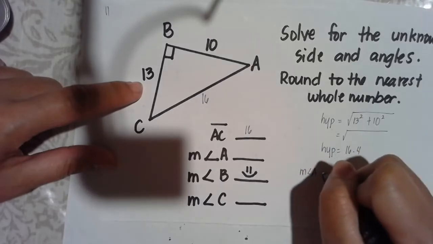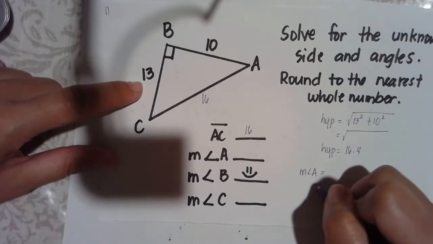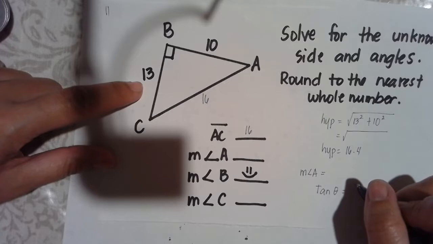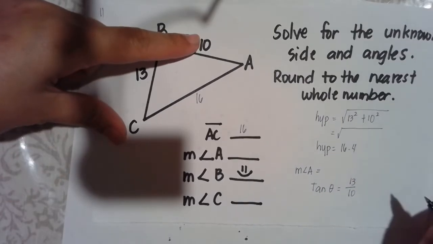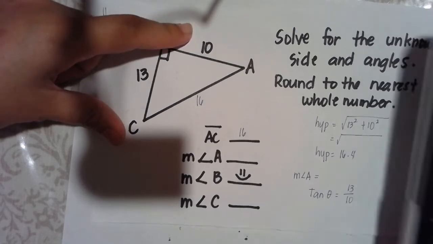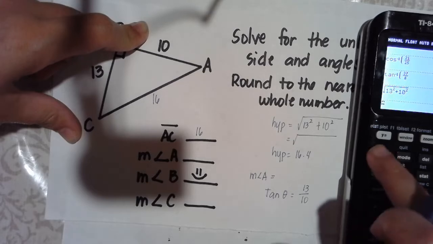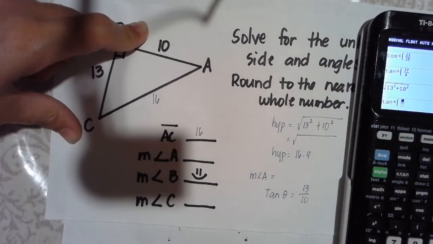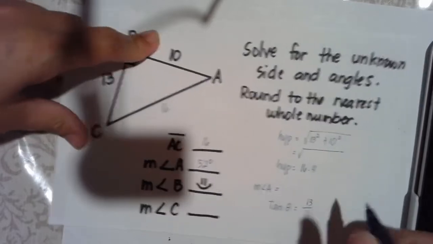The measure of angle A is equal to tangent of unknown theta equals opposite, which is 13, over adjacent, which is 10. So therefore, I will do second tan alpha y equals 13 divided by 10, which is 52 degrees.